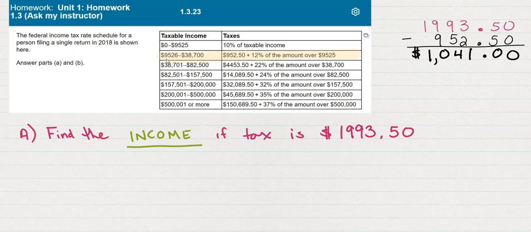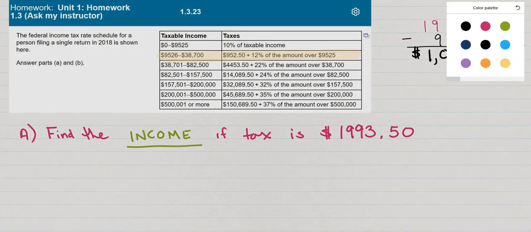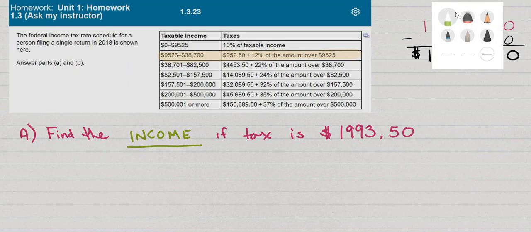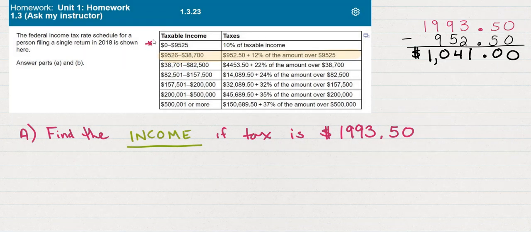So this one's a little more complicated. Let me show you how I can determine that it's not the first row. How do I know it's not just 10%? Well, 10% of what number would give us $1,993.50?